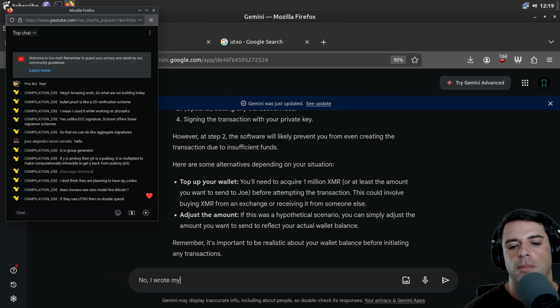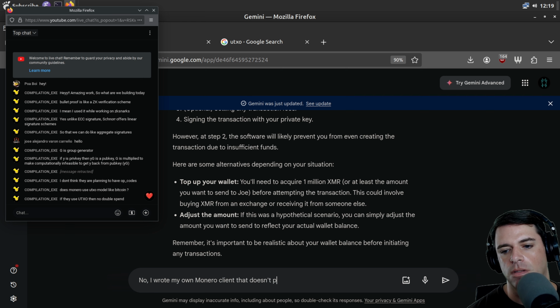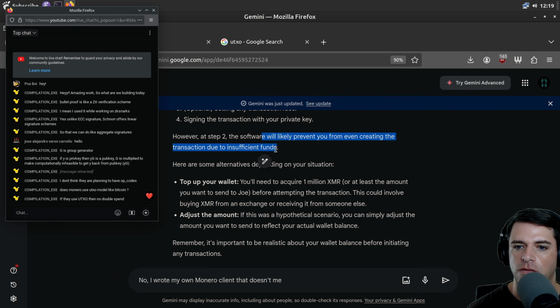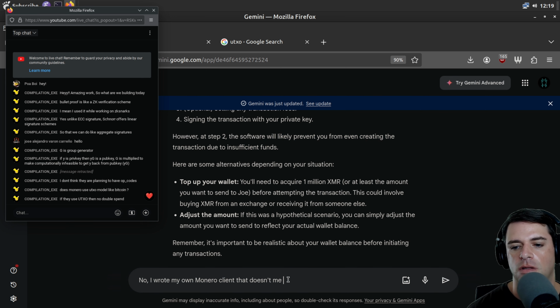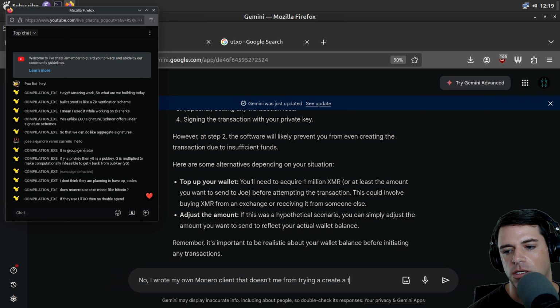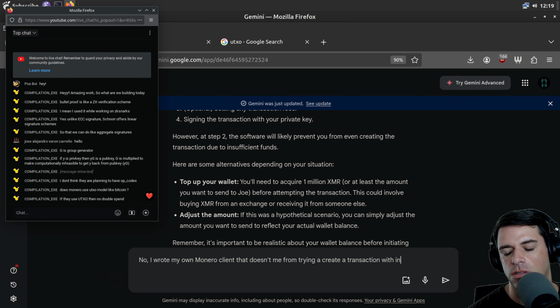No, I wrote my own Monero client that doesn't prevent me from sending. I'm trying to create a transaction with insufficient funds.